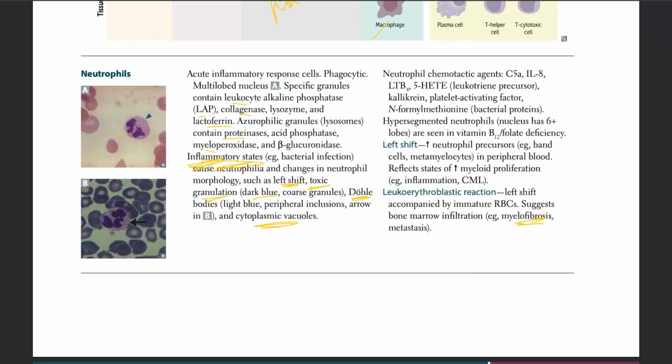Okay, let's move on. And the thing is, let me also add one thing here. How does it kill something?